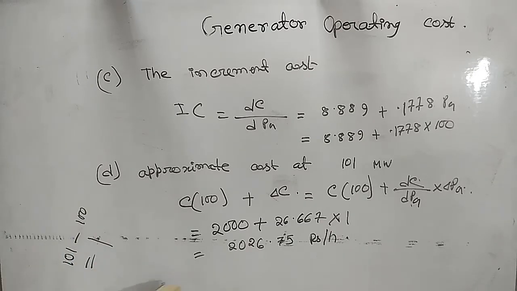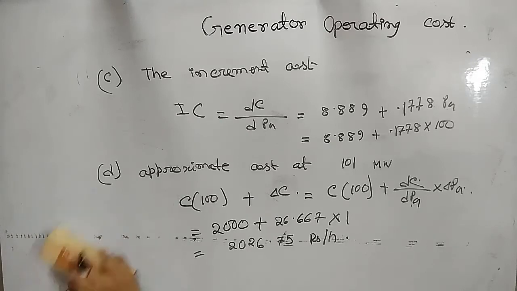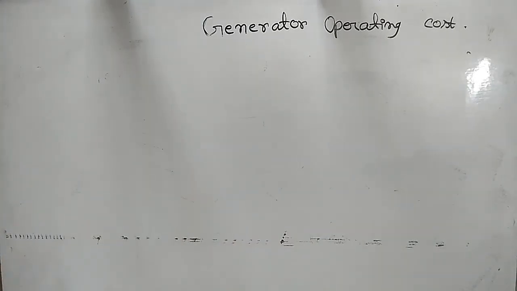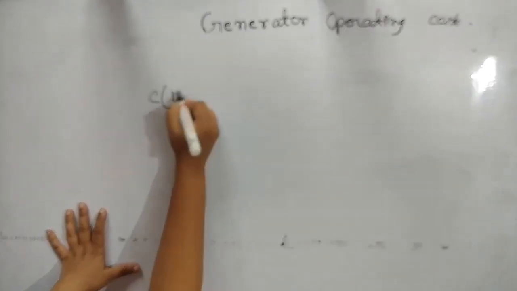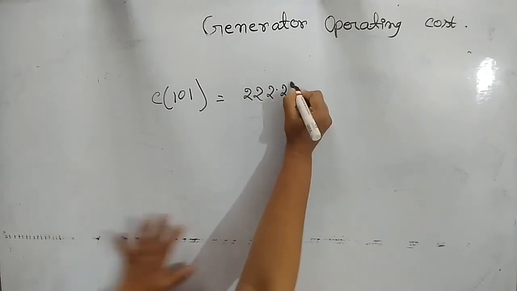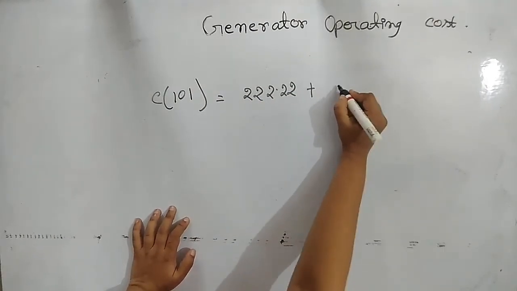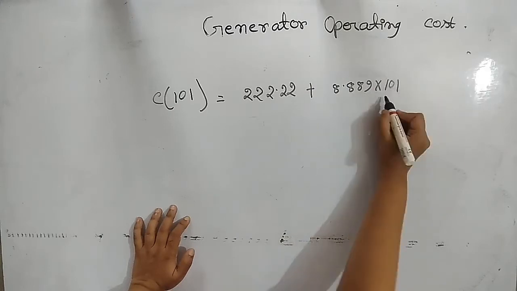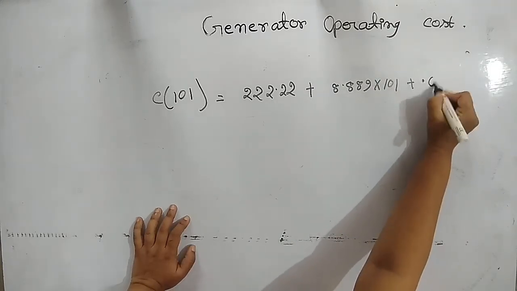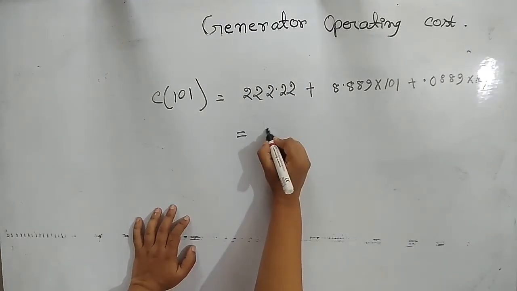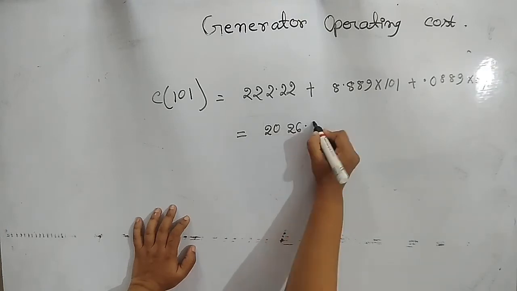Now by using the quadratic approximation, C at 101 is given by putting the value of PG, and this is equal to 2026.75.